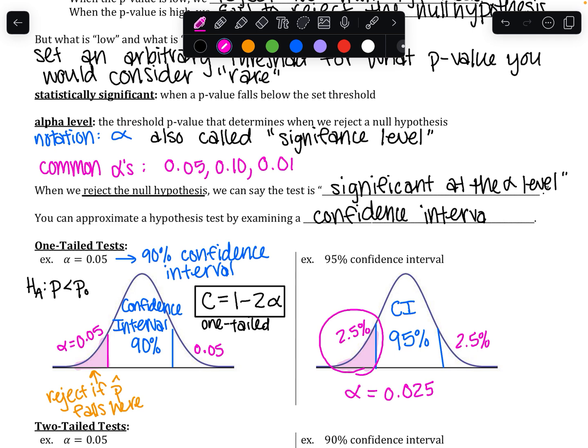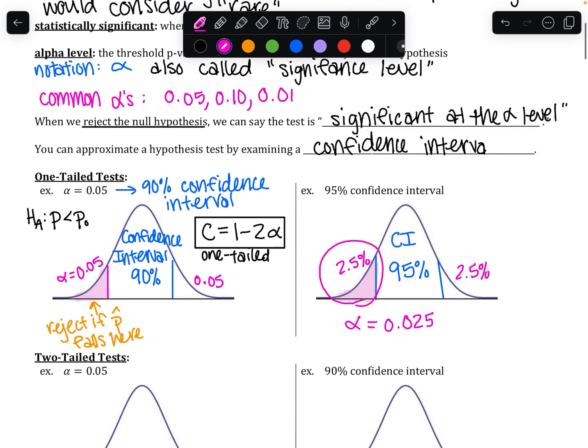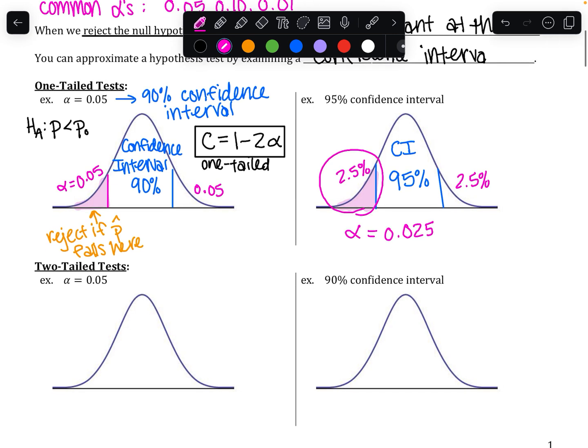Again, when your alternative is a less than or greater than, you would use this method to go from alpha to the confidence level or the confidence level to alpha. Okay? If you have a two-tailed test, it works a little differently, right? Your alternative hypothesis would look like p is not equal to p naught.